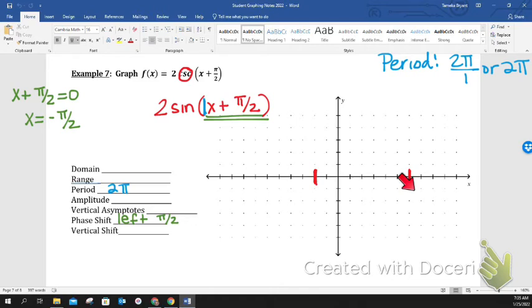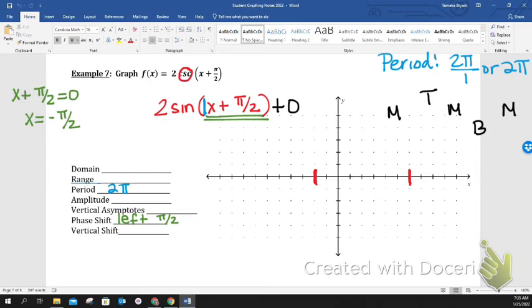So sine starts in the middle. We go middle, top, middle, bottom, back to the middle. So the middle is k. What is k? 0. So there's an invisible plus 0 back here.